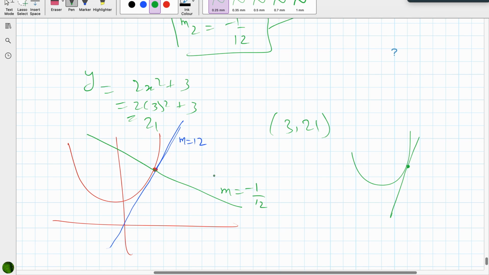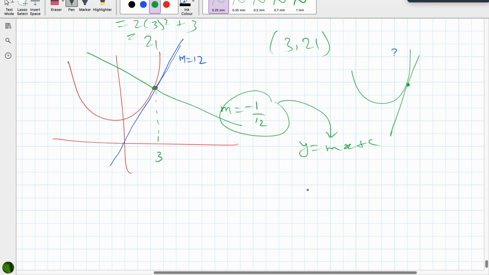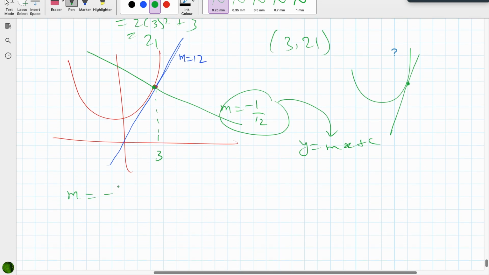Now we have to find the equation of the normal. For any line equation, we need y equals mx plus c. We already know what the gradient is. For the point, x was 3, so I need to find y. I'll substitute the value of x in the main equation to get y, and y is 21. So I know the gradient is -1 by 12 and the given point is 3 comma 21.